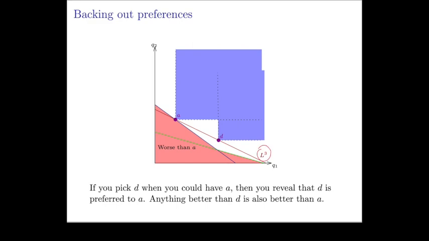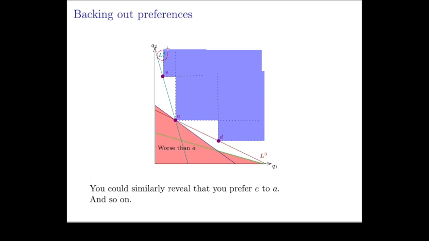So some third data point where we observe income and prices that describe this budget line, and it passes, let's say, through A and D, but the consumer picks D and does not choose A. What that means is that the consumer reveals to us that they think D is better than A. If D is better than A, then anything that's better than D, remember by the more is better idea, everything that's in this region is better than D. And we've already had the consumer reveal that D is better than A, therefore anything here is better than A. So anything in the shaded area then has to be better than A.